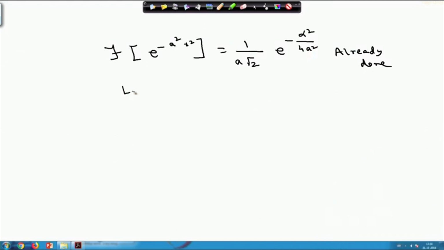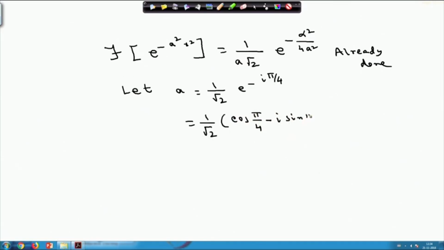Now, let us take a particular value, a equals 1 by root 2 e power minus i pi by 4. This I am assuming. I can break it into cos and sin terms: cos pi by 4 minus i sin pi by 4.